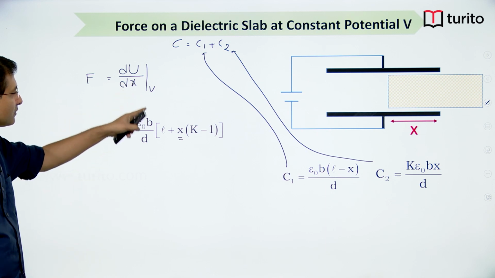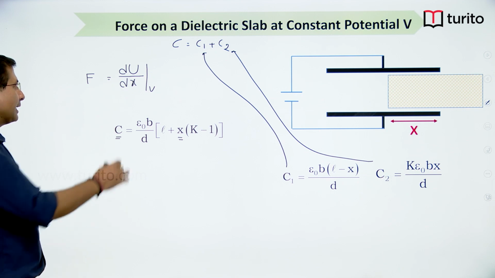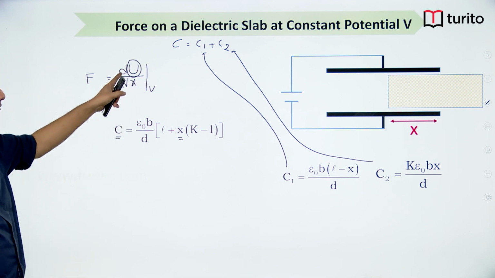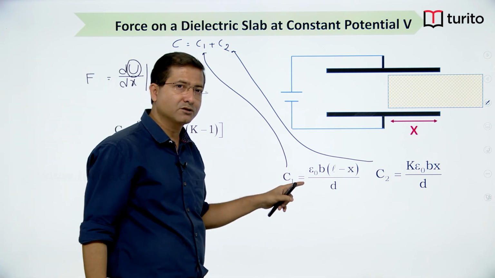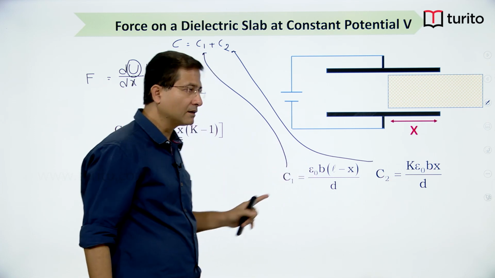So, differentiating this with respect to x will give me force. So, for that I need to write energy stored. Energy stored formula is half Q square by C, or you can use half CV square, or you can use half Q into V, right.